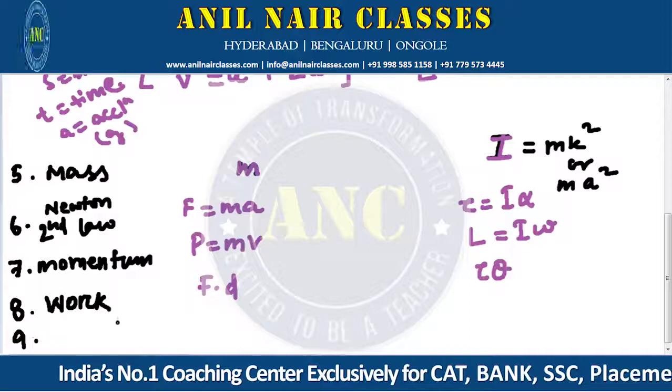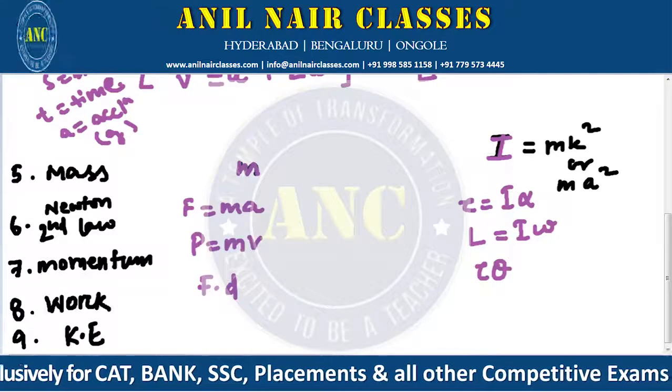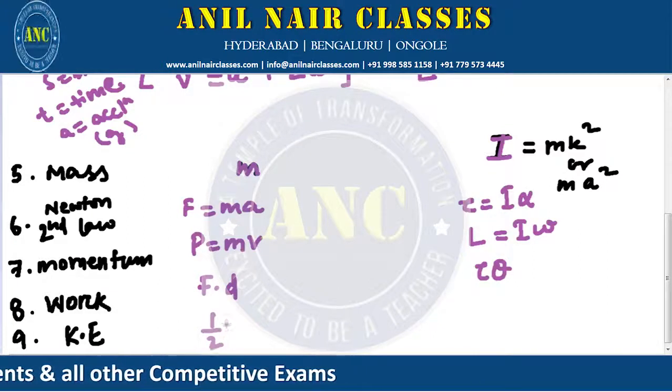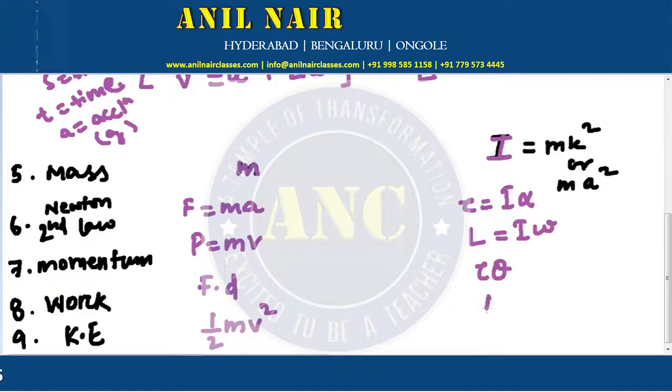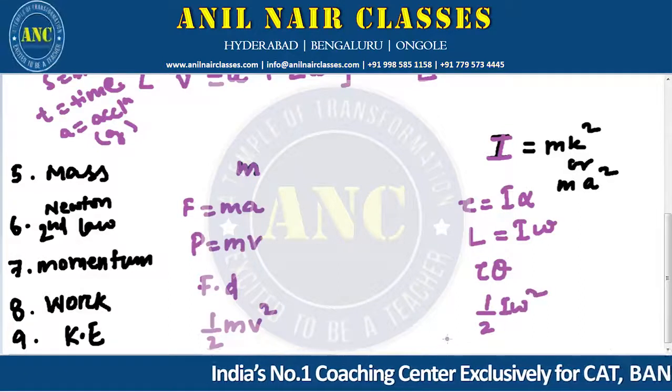Next, for kinetic energy, in linear we generally show it by half mv square, whereas in rotational we show it by half I omega square, correct?